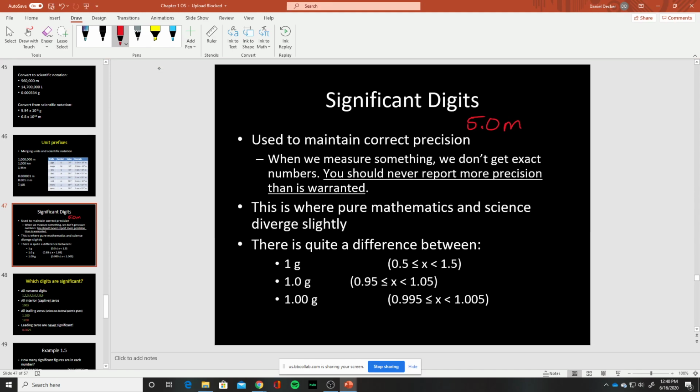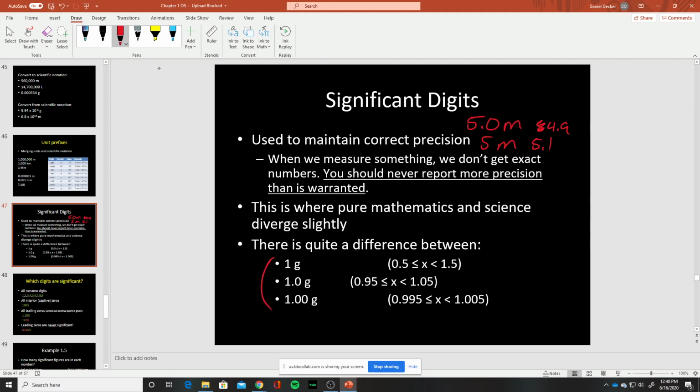Now, if instead I were to write just 5 meters, then the person reading is saying, well, is it exactly 5 meters, or is it 5.1, or maybe 4.9? We don't know, because it wasn't specified. We don't know where it is inside that range, because we didn't give very much precision with just this 5 meters. And so what sig figs are really doing is indicating how precise your measurements are.